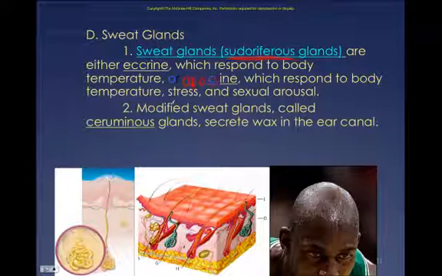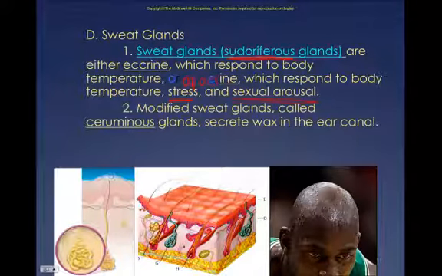Then you can blame your lovely apocrine glands for that. Your apocrine sweat glands will respond to some changes in body temperature, but they're mostly responding to changes in stress and what we call sexual arousal. So again, in times of sexual arousal, you'll find that you'll produce more sweat in these axillary regions as well.